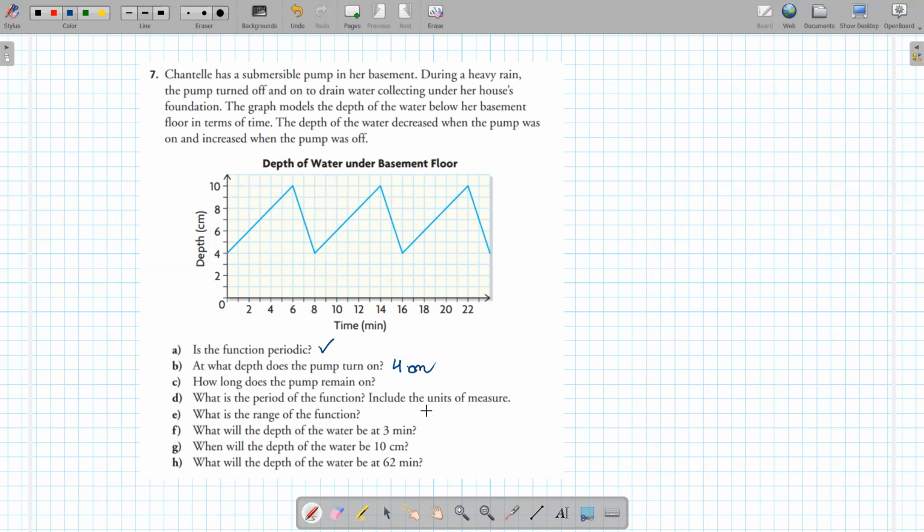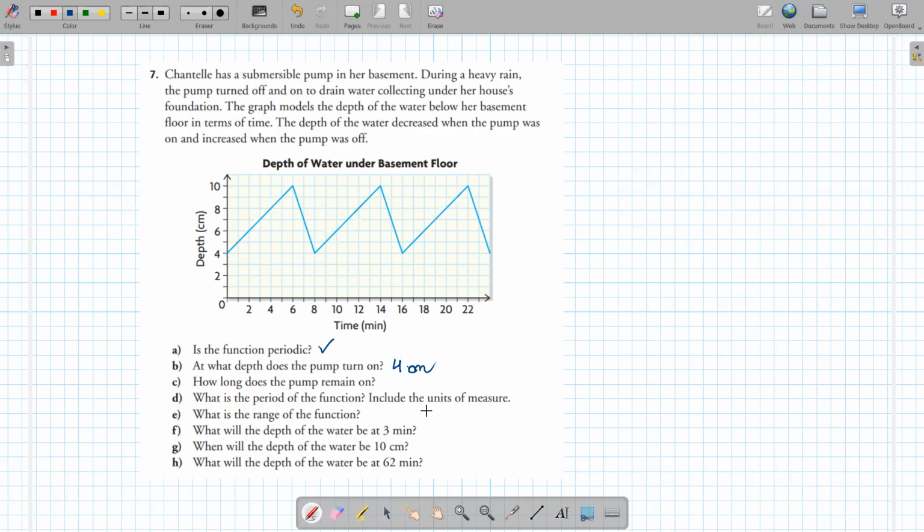How long does the pump remain on? For 6 minutes. So the depth, it says, decreased when the pump was on and increased when the pump was off.